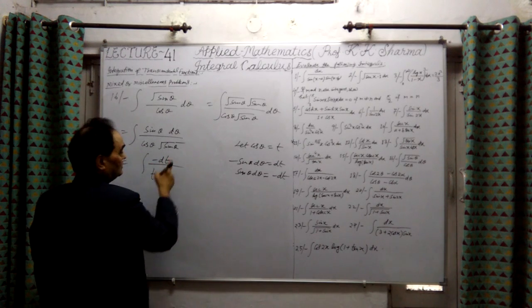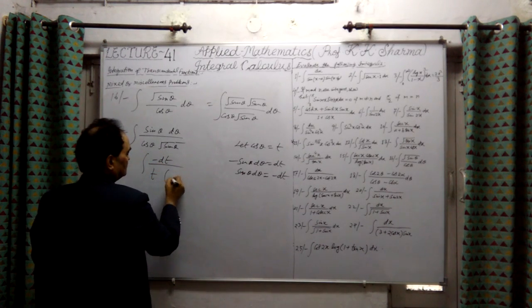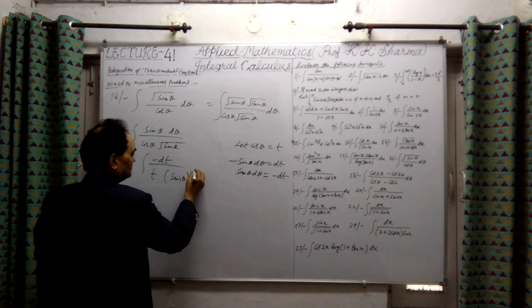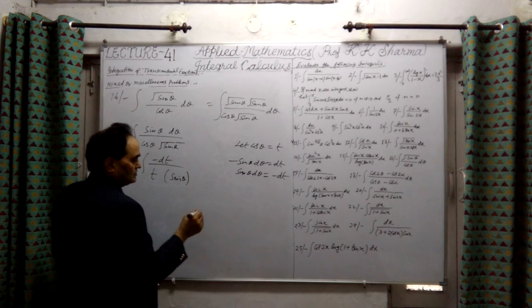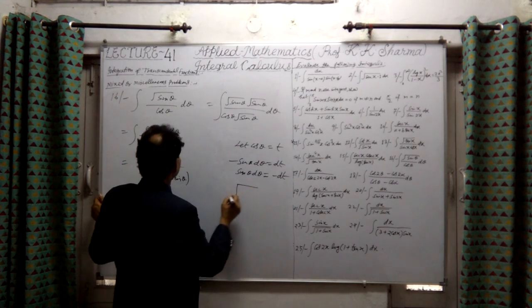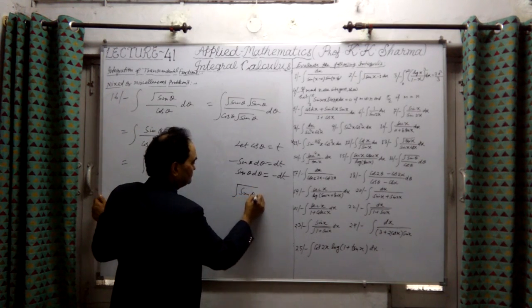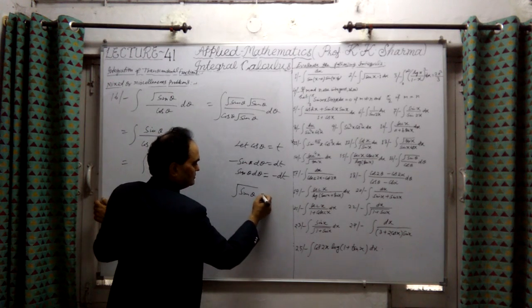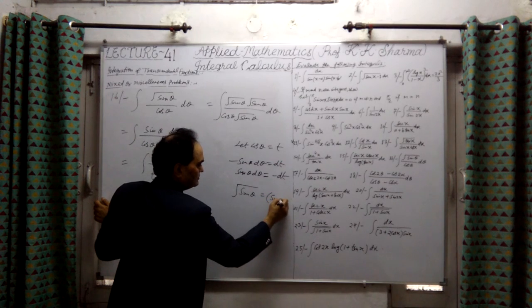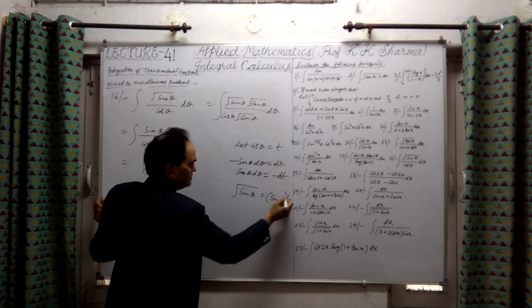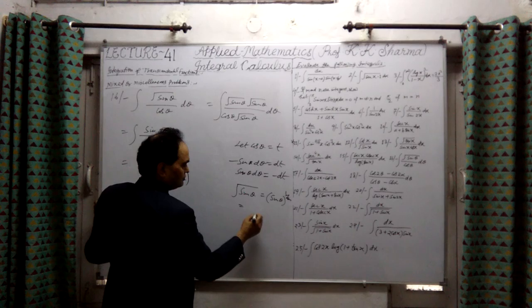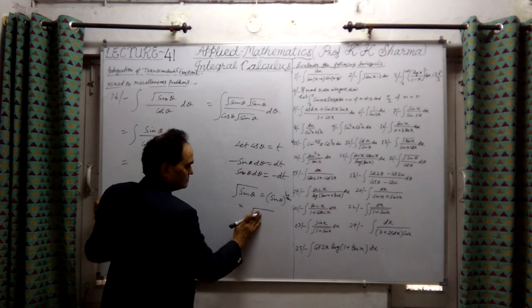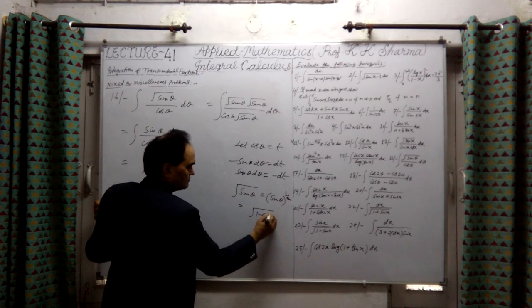What is under root sin theta? Sin theta can be written in terms of cos theta. Let me write it here. Under root sin theta I could write as sin theta whole power half, but we know sin theta in terms of cos theta: under root of 1 minus cos square theta.